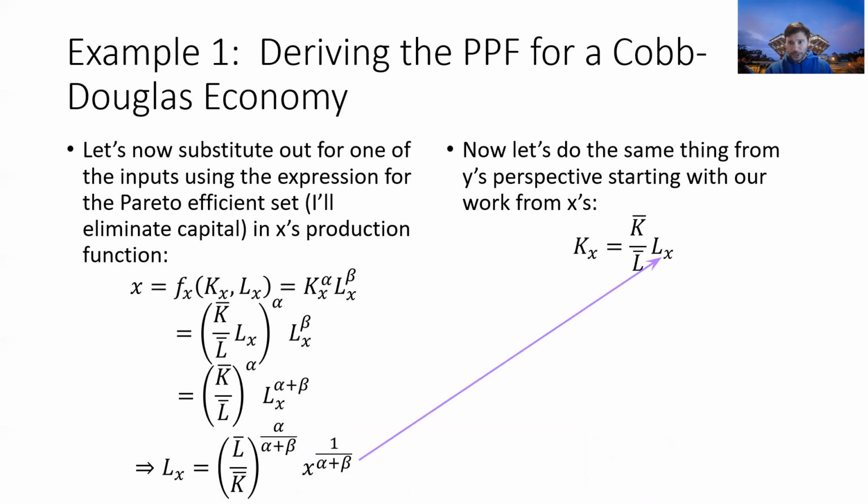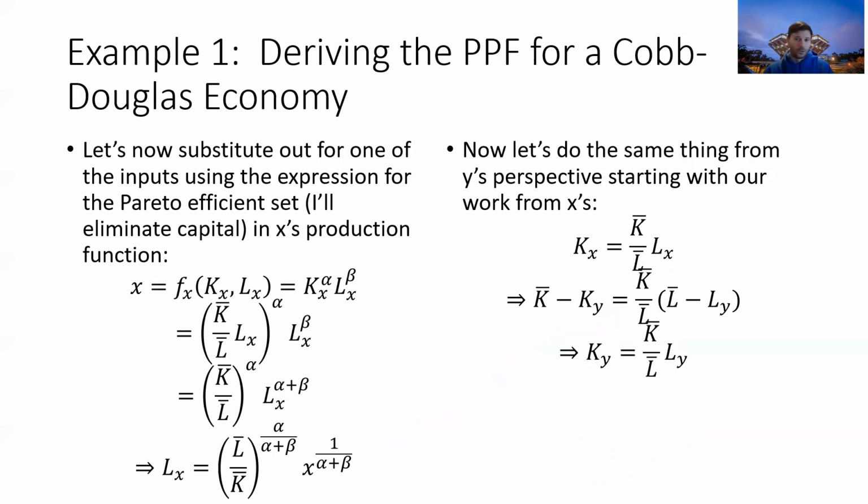Now, the other thing we can do here, if we want to, and I'm going to do this in a moment, is bring back firm Y's variables. KX is just K bar minus KY. LX is just L bar minus LY. So another way of describing the efficient set, which is equally valid, would be from firm Y's perspective in the input orientation.